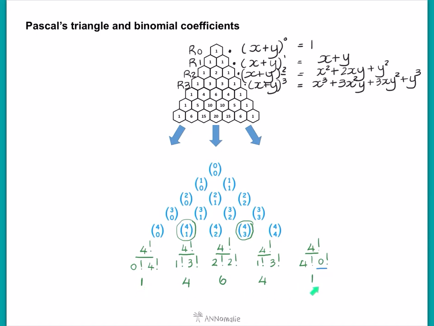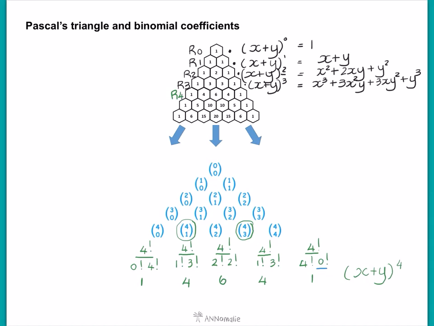We'll get the coefficients of the expansion of x plus y to the power of 4, which is the exact same values as in row 4 of Pascal's famous triangle.